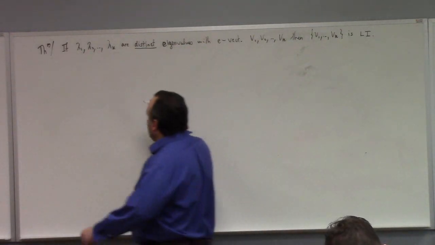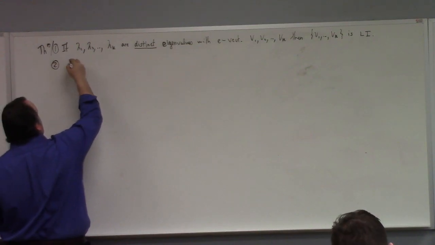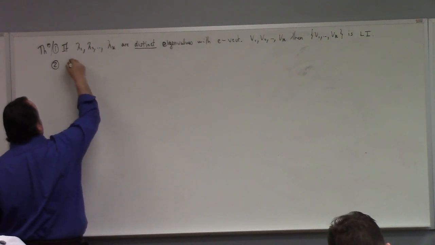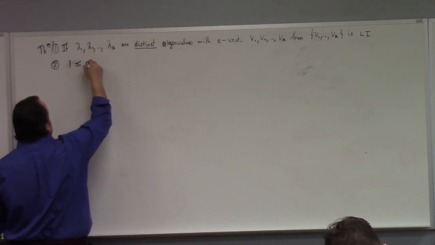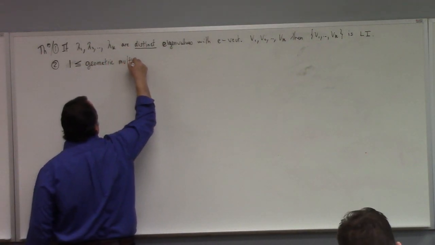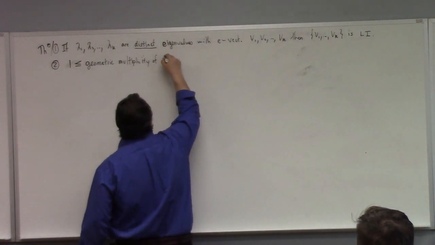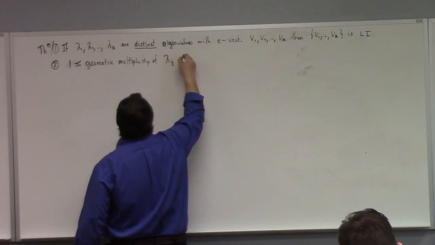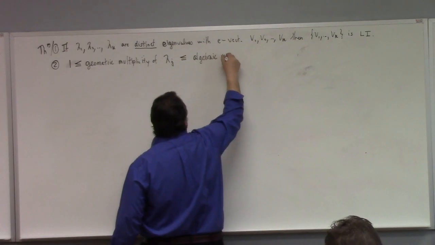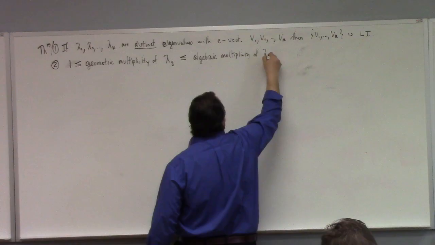Generally speaking, another result in this direction is that the geometric, so I'll say it in words, 1 is less than or equal to the geometric multiplicity of lambda j, which is less than or equal to the algebraic multiplicity of lambda j.